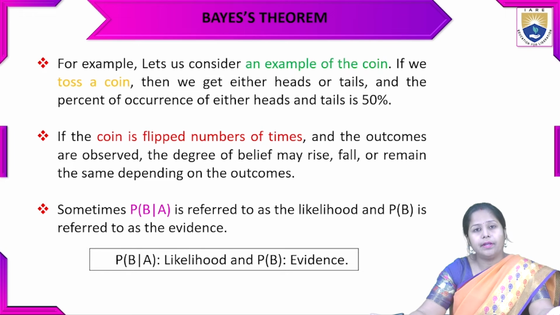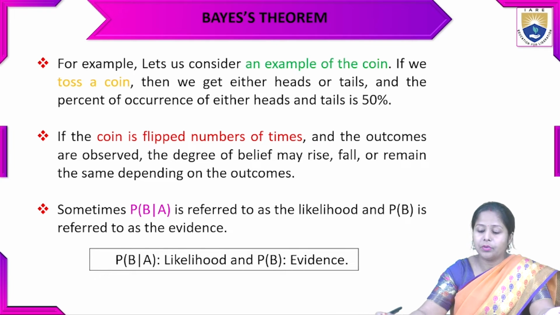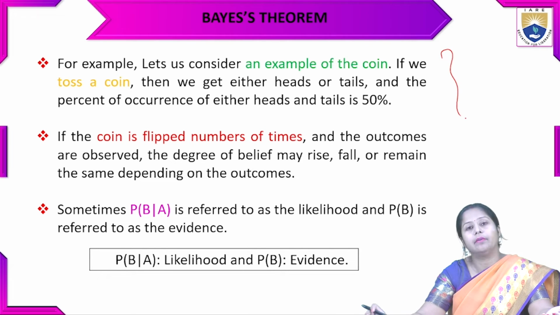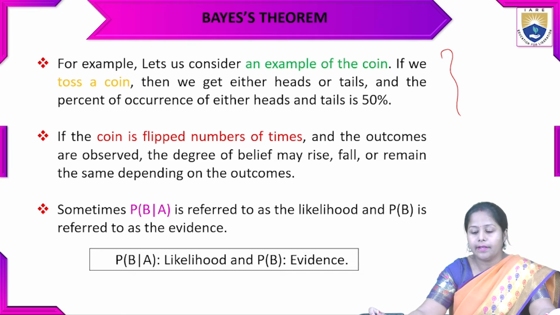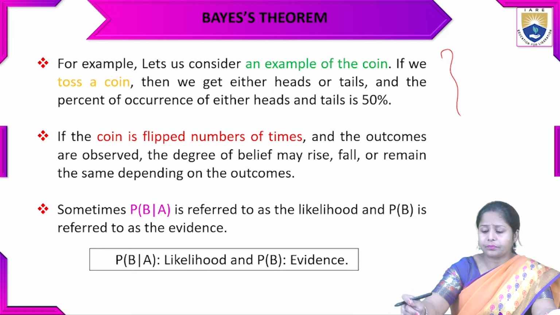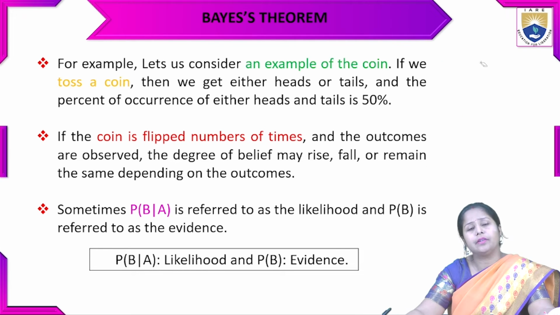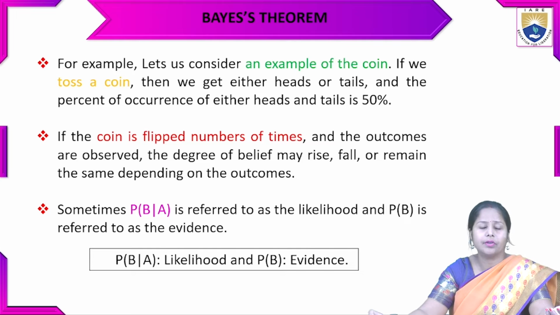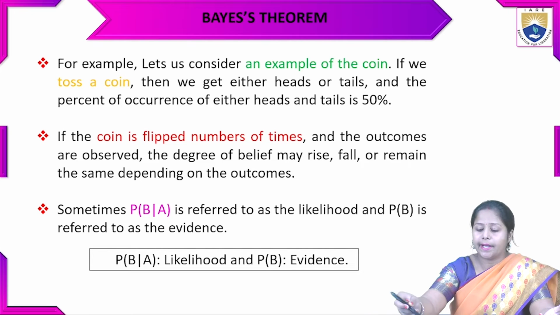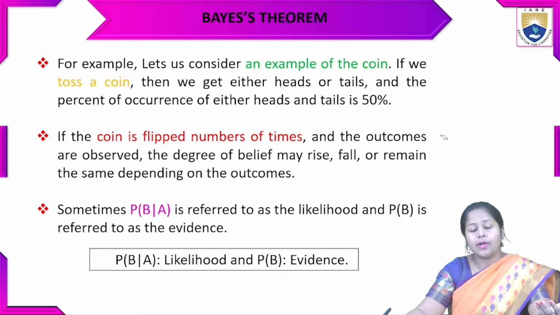For example, consider a coin, which has a tail and a head, right? If we toss the coin, we will get either head or tail, and the chance of either head or tail occurring is 50%.